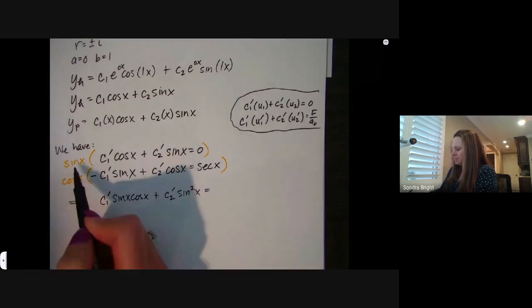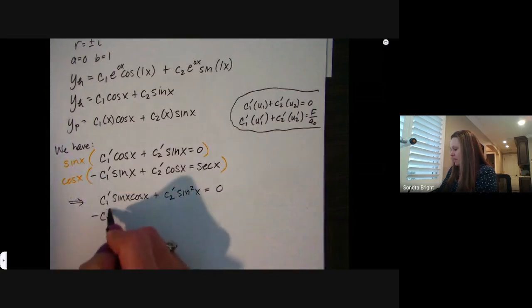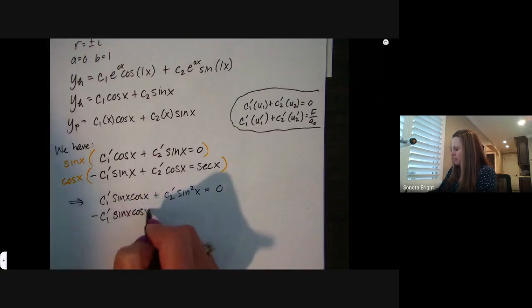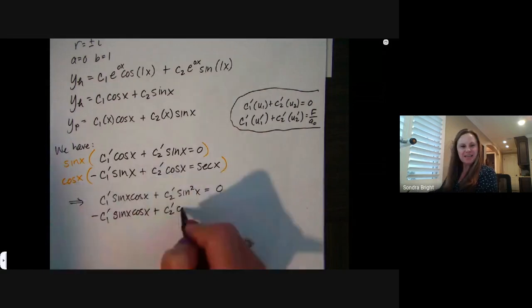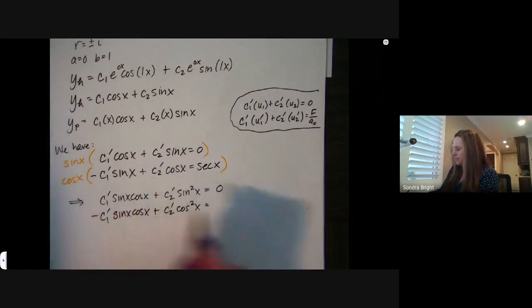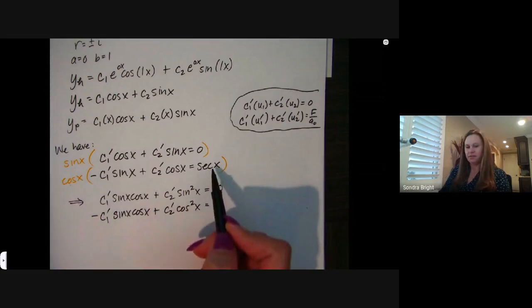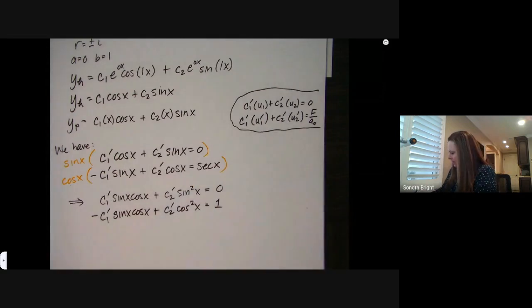Multiplying cosine times the second equation gives negative C1 prime sine x cosine x plus C2 prime cosine squared. And cosine times secant are reciprocals, so that's just 1. Very nice. Let's add these two equations together.